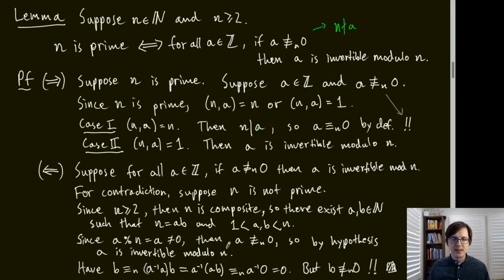But for a similar reason involving residues, b is already a residue mod n, so b is not congruent to 0 mod n. And that contradicts what we just calculated. So we reached a contradiction. So n is actually prime, which was what we wanted to show.